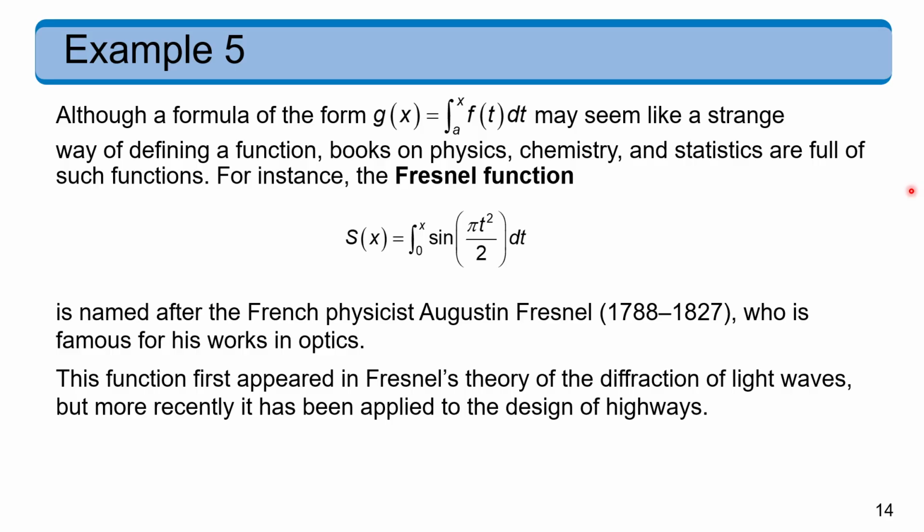And here's one example, the Fresnel function, given by this integral from 0 to x of this particular sine function. So this is named after the person who developed this formula and who worked in optics. It appeared in his work on the theory of diffraction of light waves, and it's been used even for later applications. One example is in the design of highways.